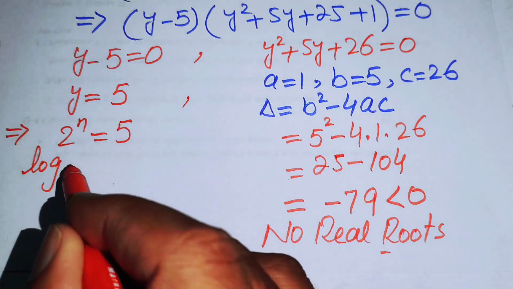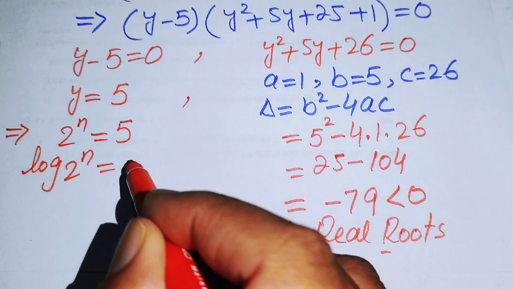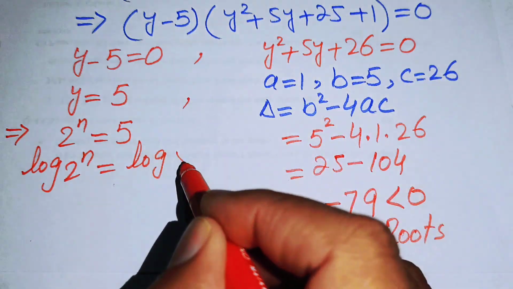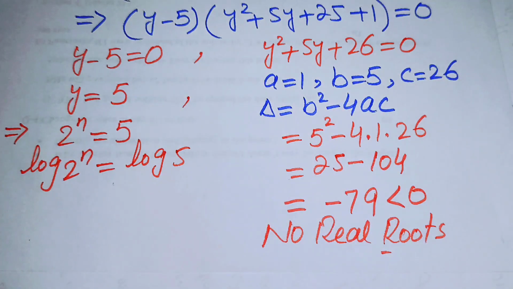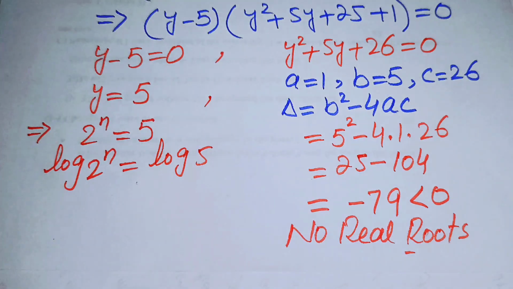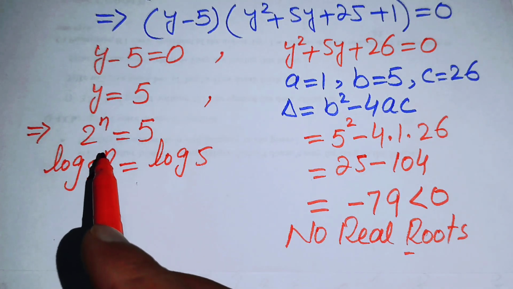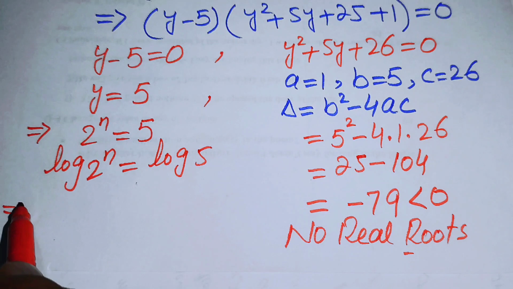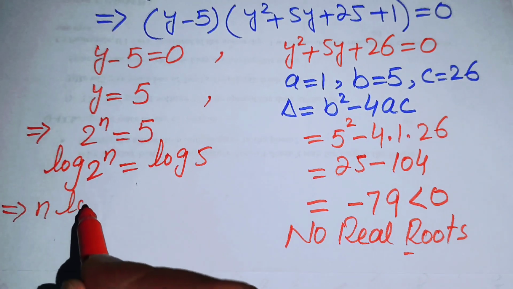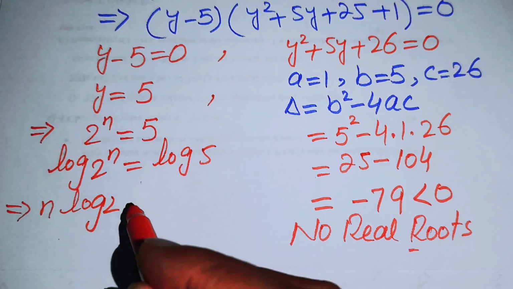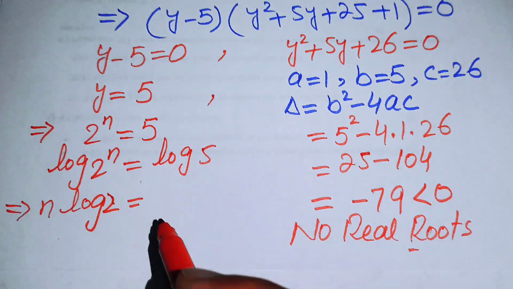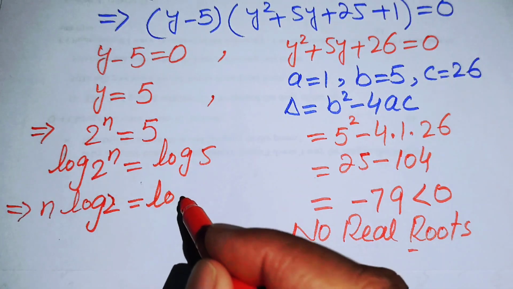Then you get log 2 to the power of n equals log 5. And here we apply the property of log, and we move this exponent in front of the log, and you get n times log 2 equals log 5.